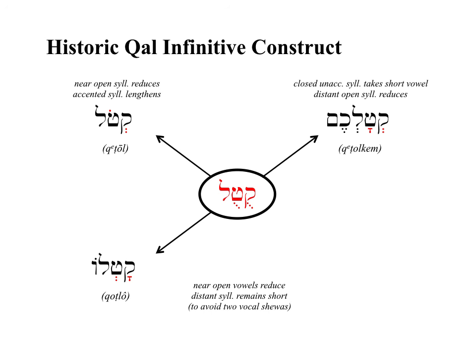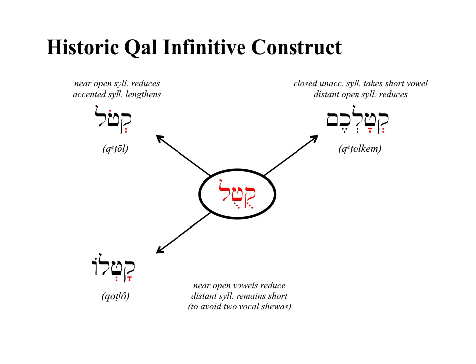But in some cases, we find that the suffix that is attached is going to create an entirely different scenario. So here we have the suffix him or his. So this is the killing of him. And in this context, again, because of the vowel rules, the near open syllable in a verb will reduce.